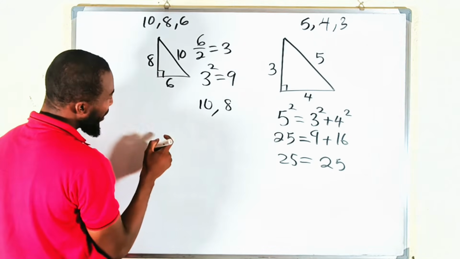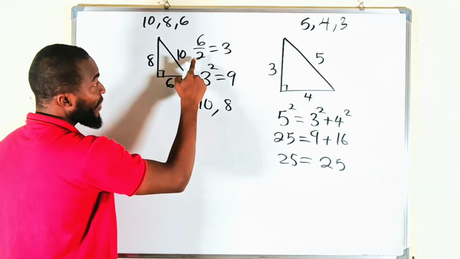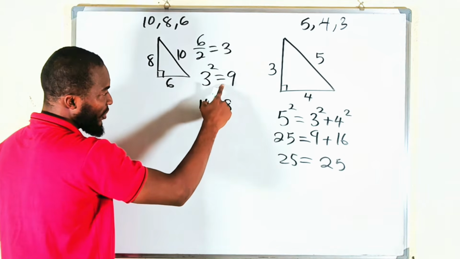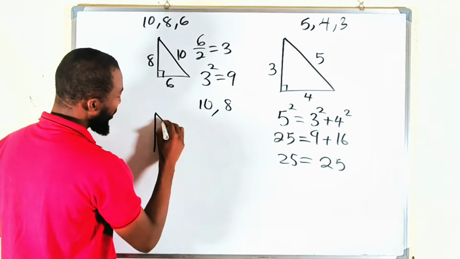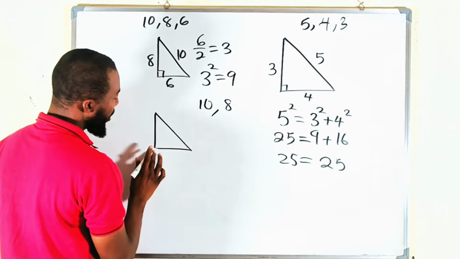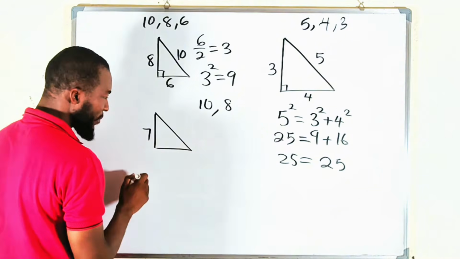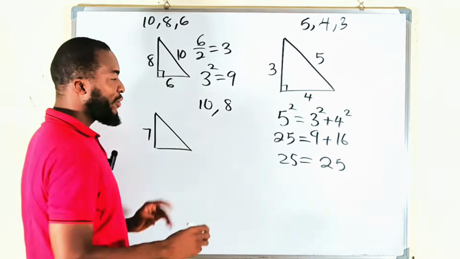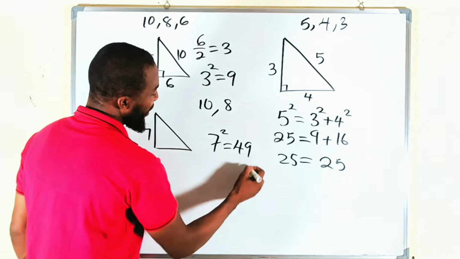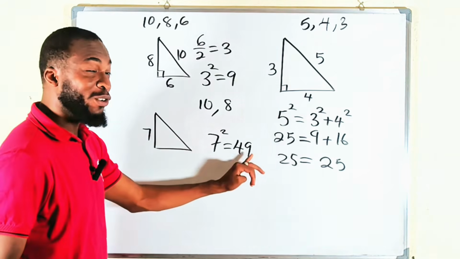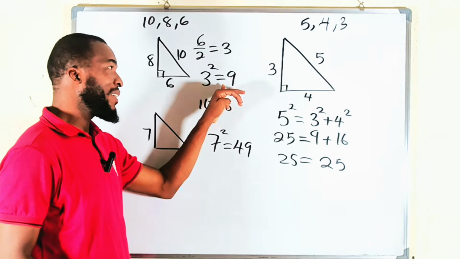Then what about if this number is not even? I told you if it is even, you divide it by 2, you square the result, then you split it by adding 1 and subtracting 1. But if the number is odd, like 7, do not divide it by 2, square it directly. And this is going to give us what? 49. Then you're not going to add 1 and subtract 1 just the way we did here.